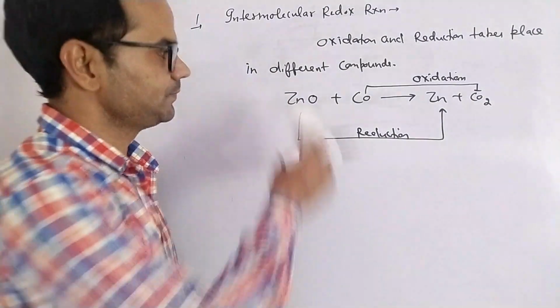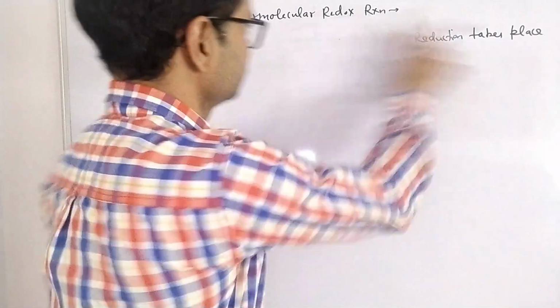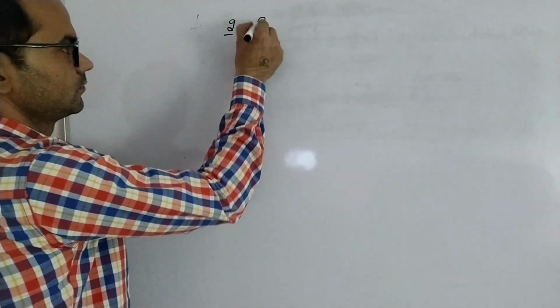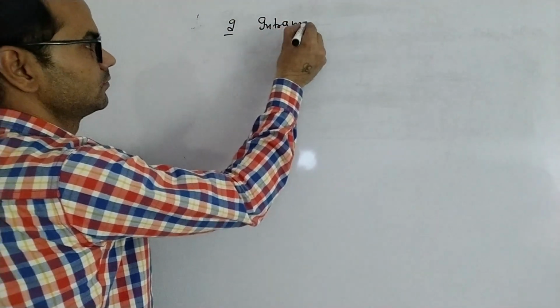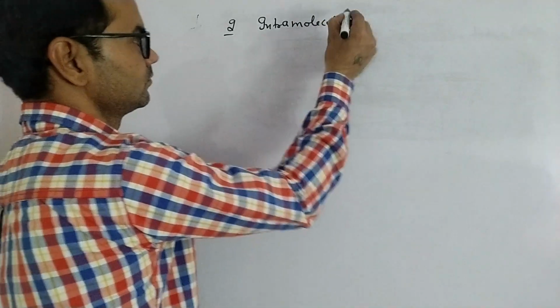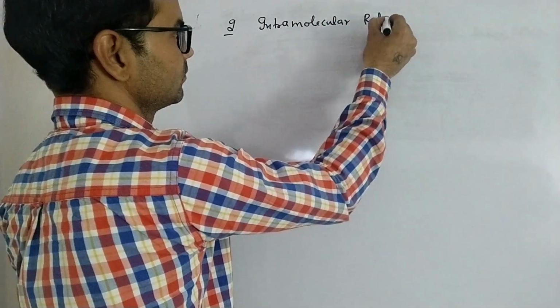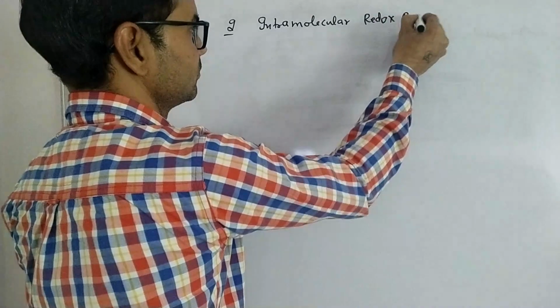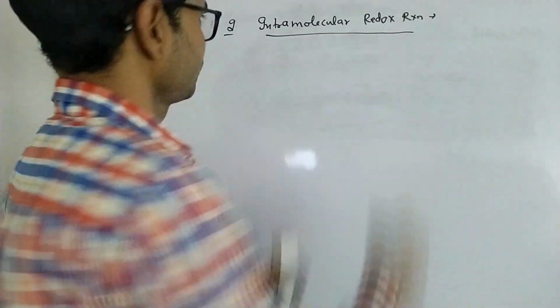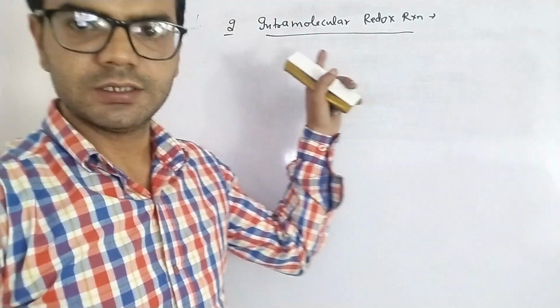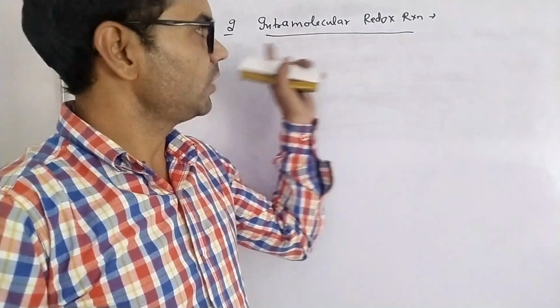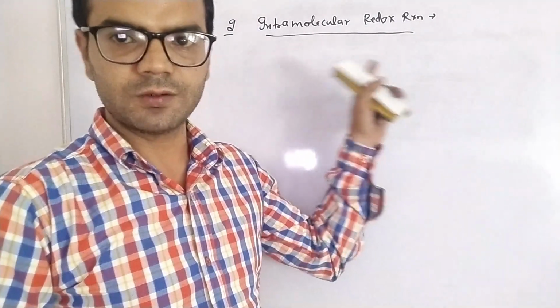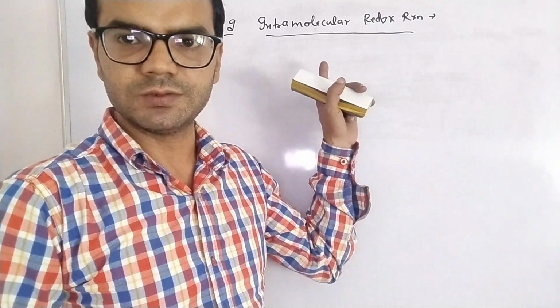Second type is intramolecular redox reaction. Intramolecular redox reaction involves reduction and oxidation within the same compound.